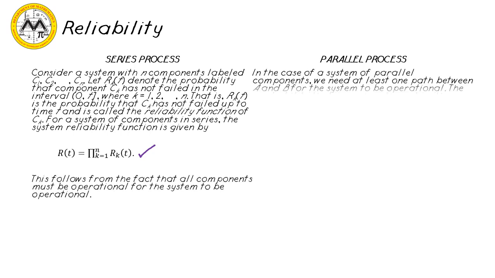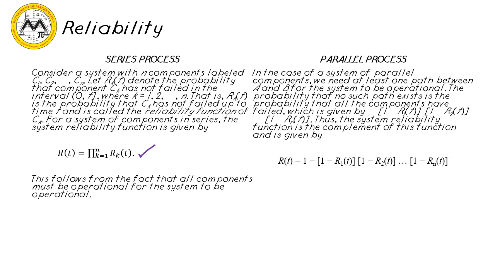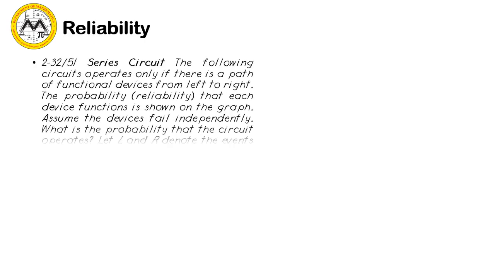So the reliability of series is the product of the reliabilities of each component, while for the parallel, it would be 1 minus the product of the complements of each reliability.